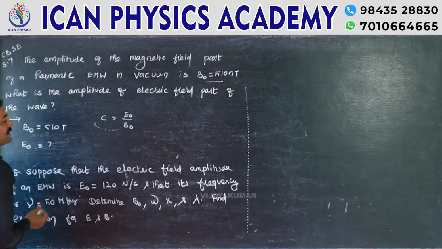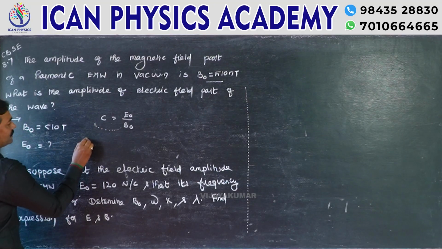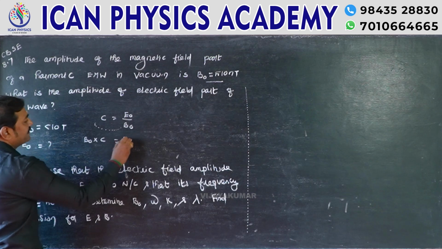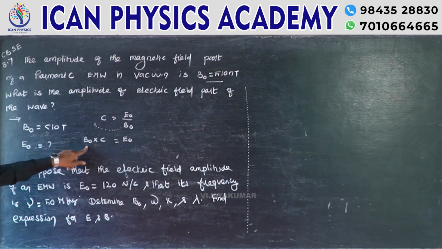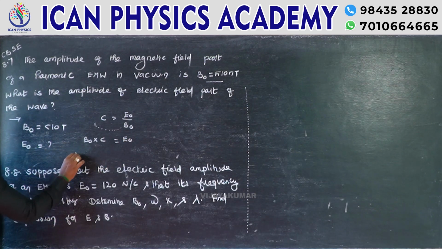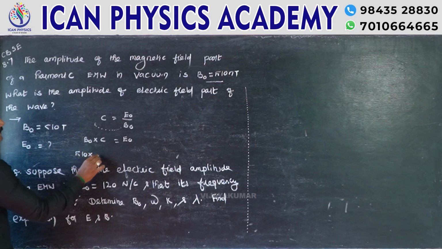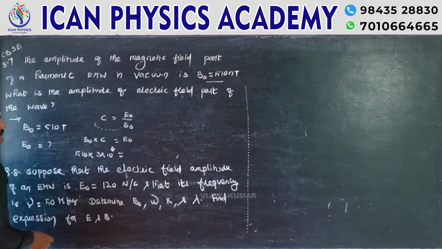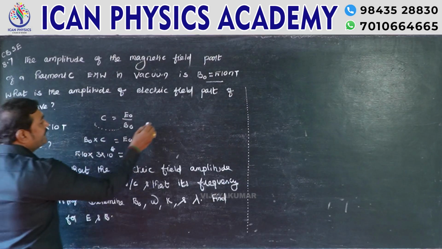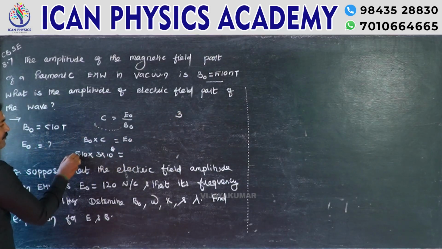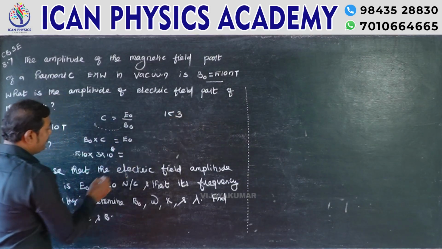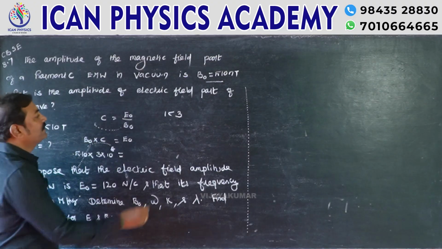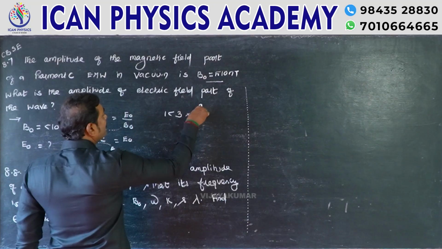So the division by B naught comes over as multiplication: B naught into C equals E naught. What is the value of B naught? That is 110 into C, the velocity of light, 3 into 10 to the power 8. 1 3 is 3, 5 3s are 15, so this 0 goes with the power: 10 to the power 9.